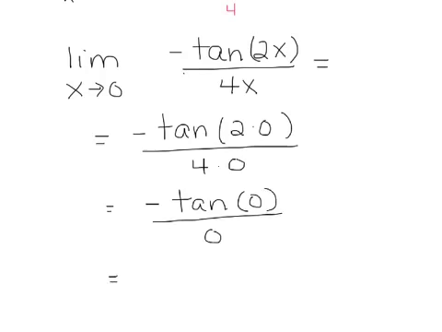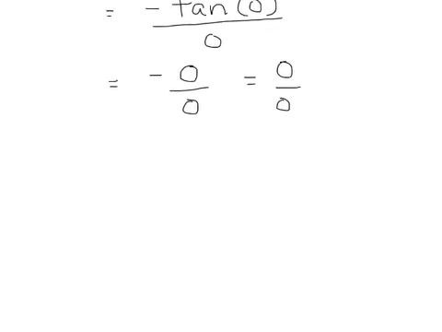And you have to recall that the value of the tangent at 0 is 0, so we have the opposite of 0 over 0, or another 0 over 0, indeterminate form, which means we can use L'Hopital's rule one more time. But now we're going to work with the opposite of tangent of 2x over 4x and see what we get when we do the limit of that.